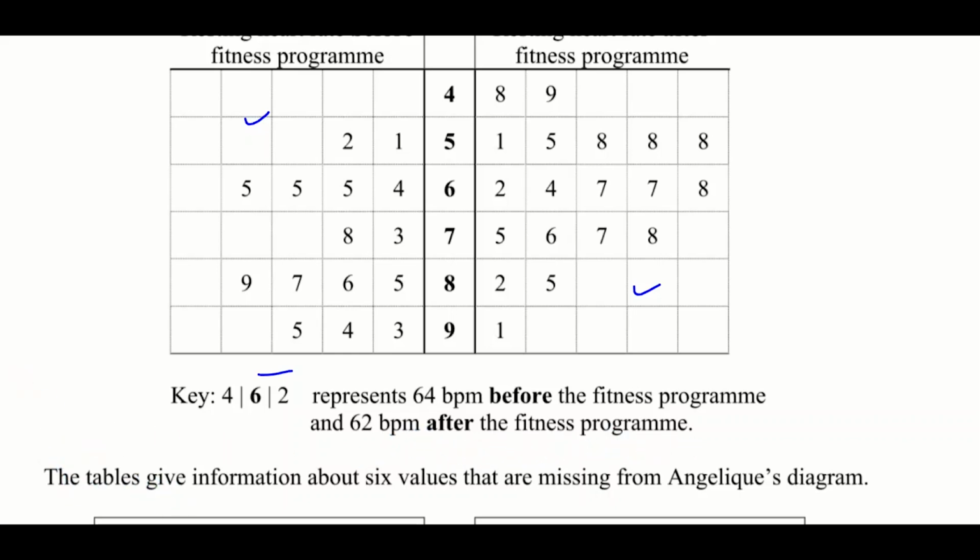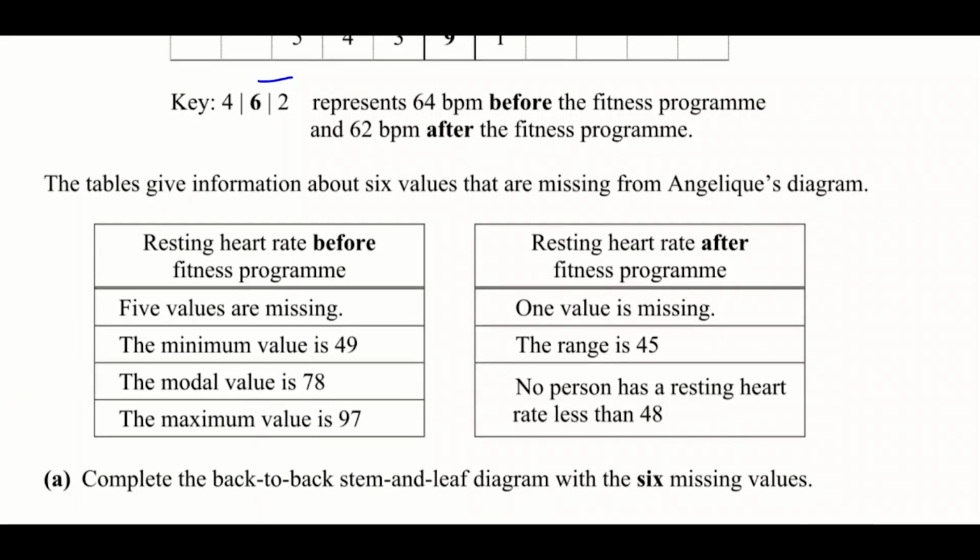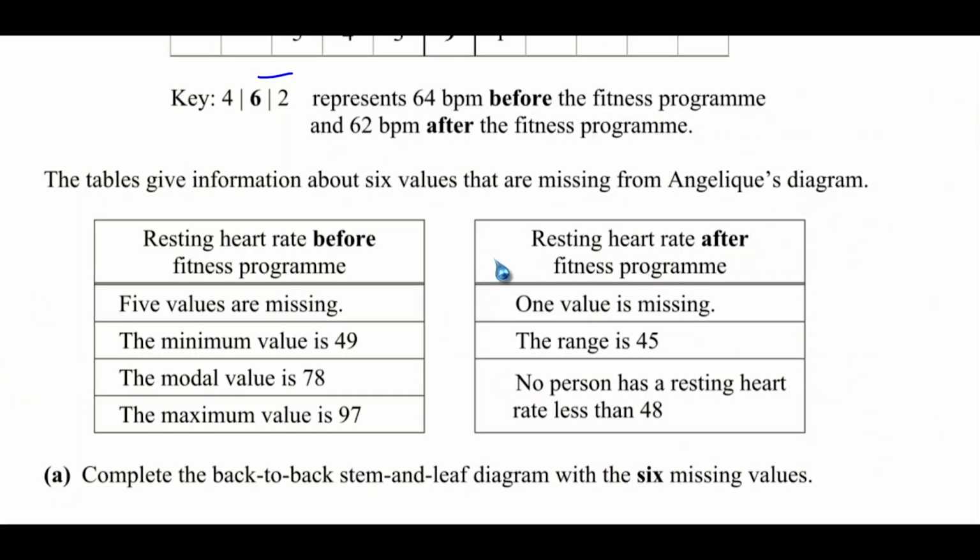The tables give information about 6 values that are missing from Angelique's diagram: resting heart rate before the fitness program and after. So 5 values are missing here, and 1 value is missing here.